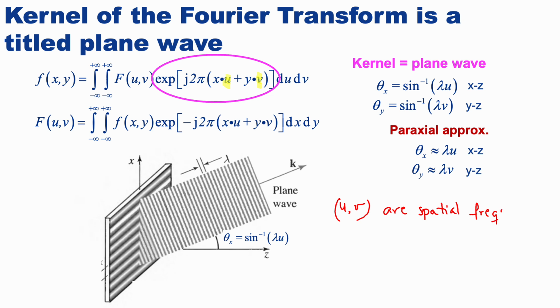But the spatial frequencies, as we are showing here, are gonna depend on the angle, on the tilt of the plane wave. So the spatial frequencies u and v are related to the tilt of the plane wave.